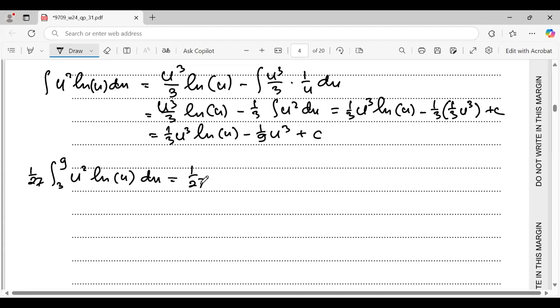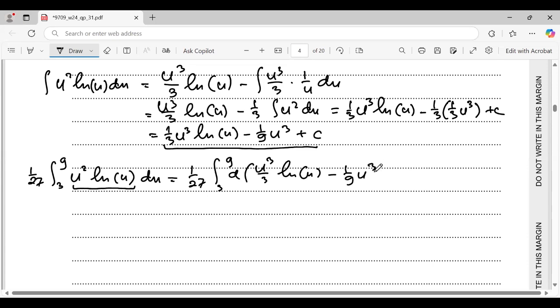So 1 over 27 times the integral of this expression, which is this expression but without c: 1/3 u cubed ln u minus 1 over 9 u cubed. And then substitute 9 and 3 into this expression.